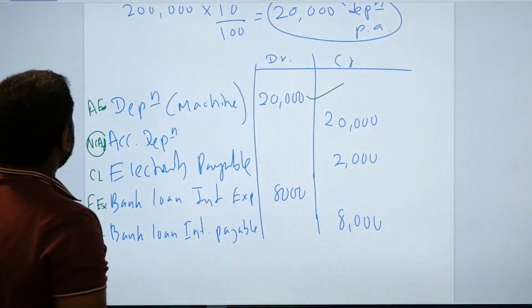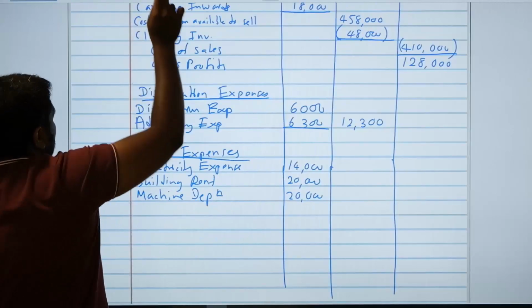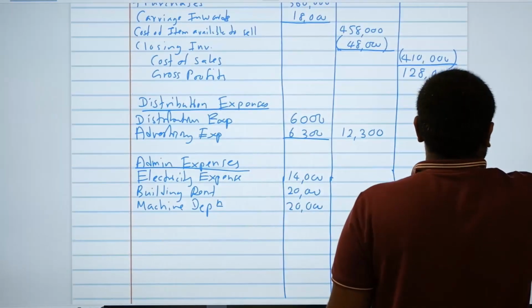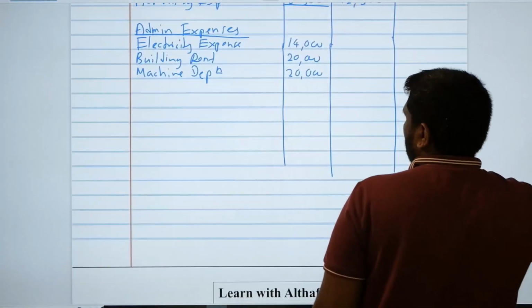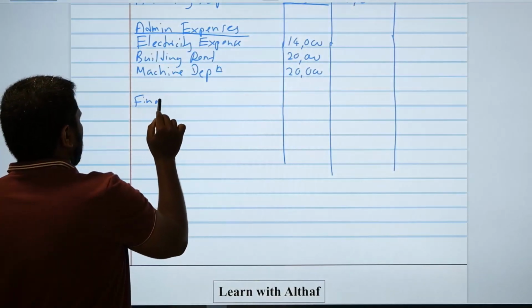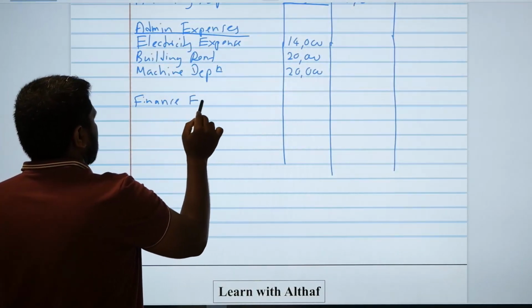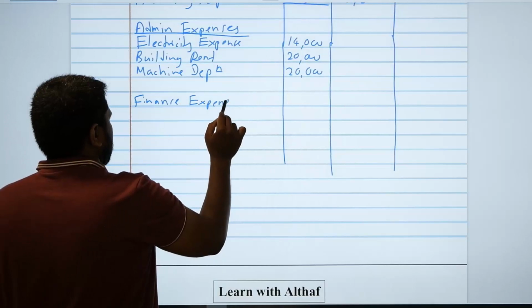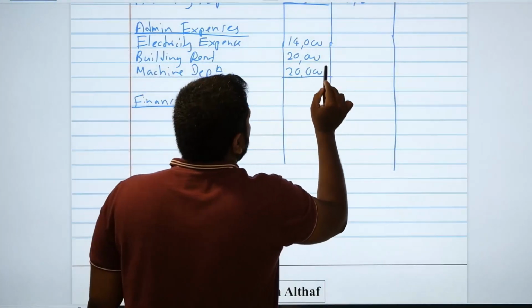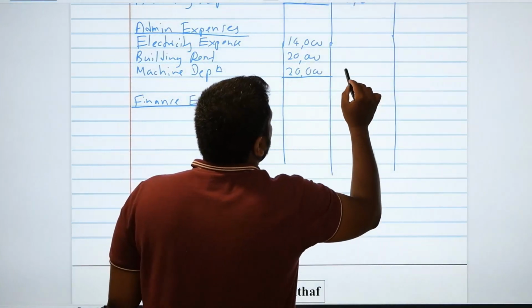That's it. So now we have to go to the finance expenses. Here we are getting a value of 40,000, 54,000.